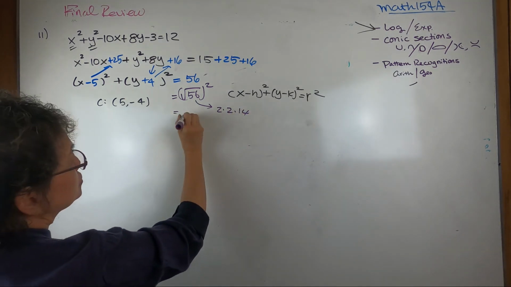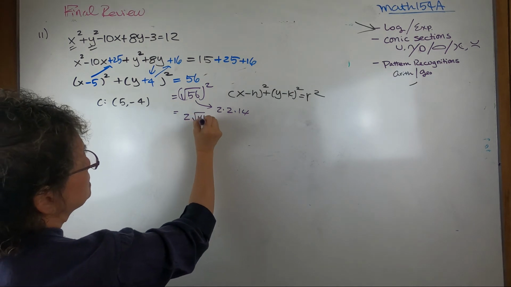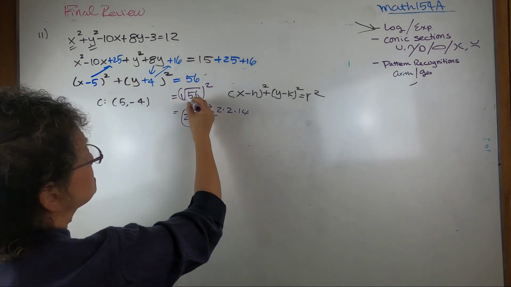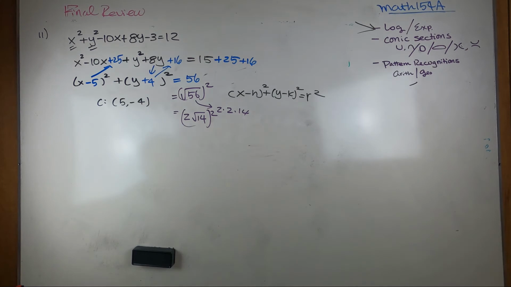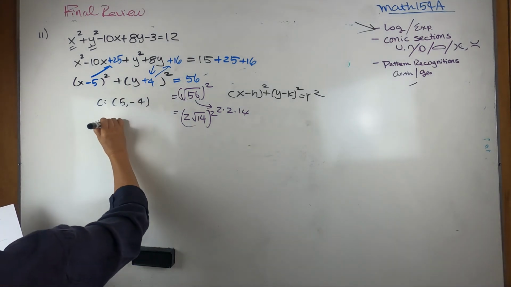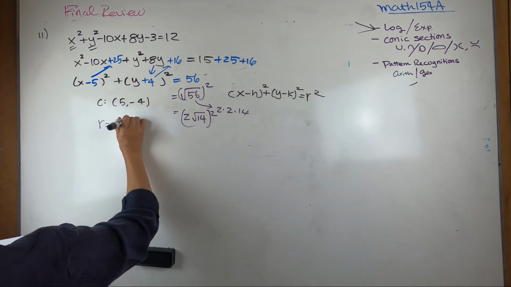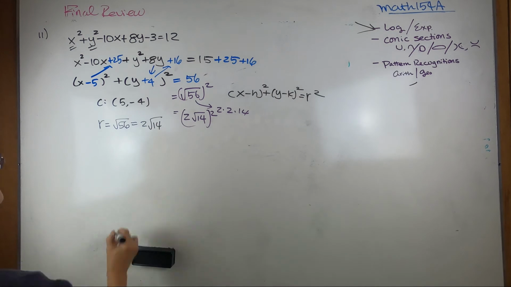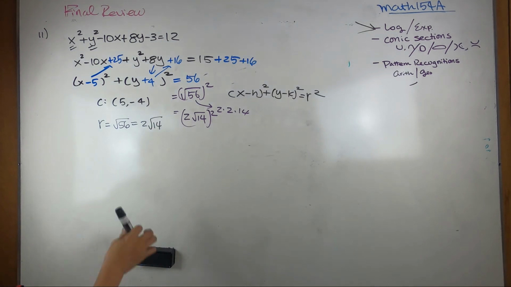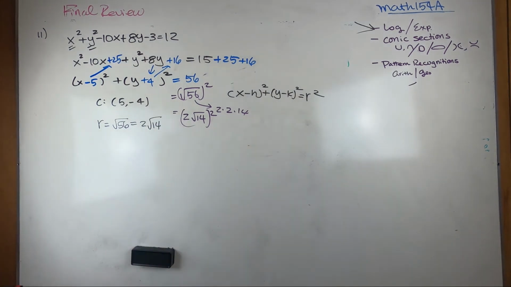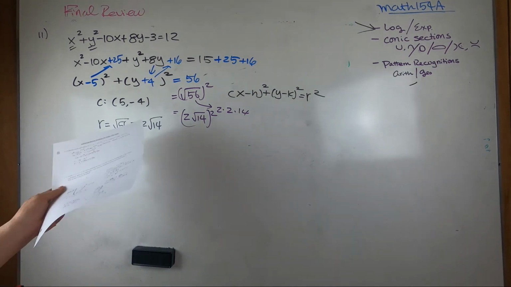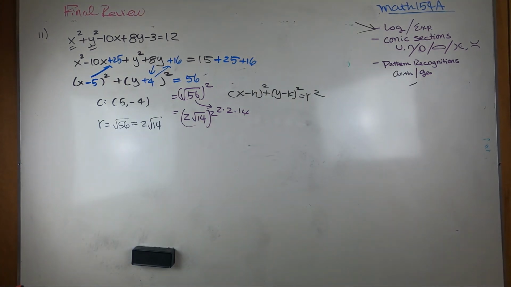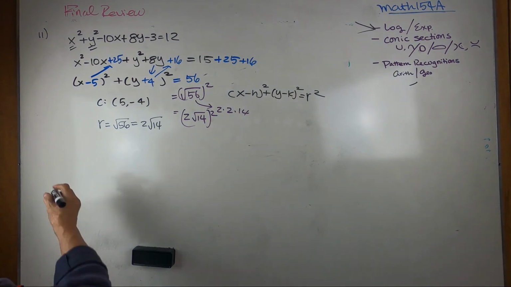So you take 2 out, should be 2 square root of 14. So to simplify square root of 56, the radius should be what? Square root of 56, then it should be 2 square root of 14. Okay, square root of 56 is correct, but not precise enough for math. We need to have simplest form.